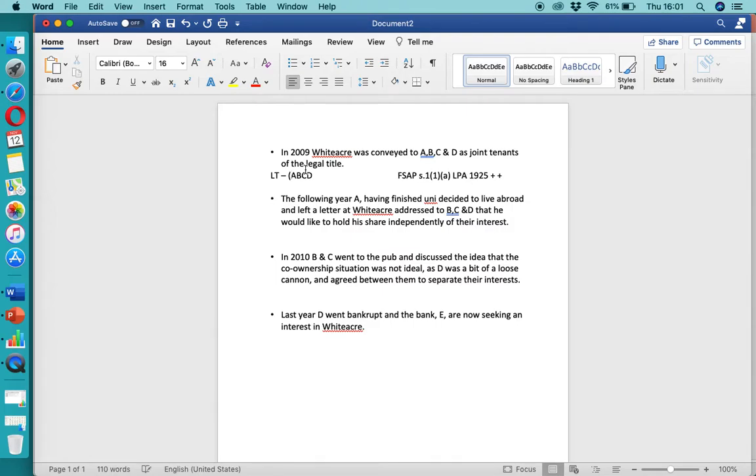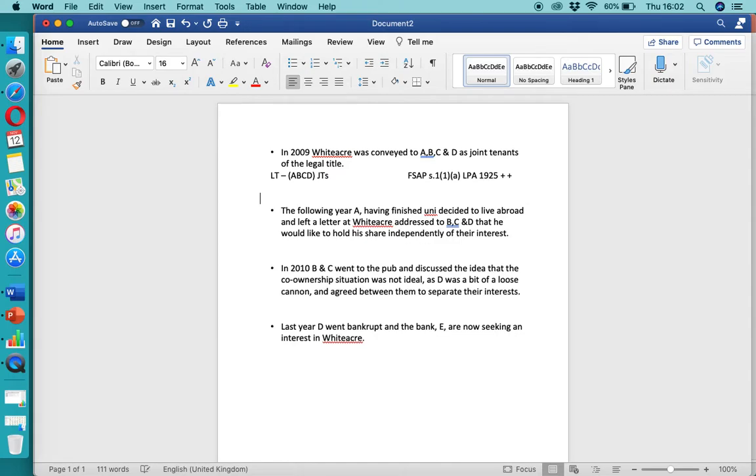Where we see joint tenants, my way of dealing with it is to put them in brackets. They are joint tenants on the legal title because that's all they can be. You could put the statutory authority in there for that if you wanted to, if you're working it through as a problem question. But as a skeleton framework, we now know that that's what they have to be. That's how they appear. So where we have more than one person on the legal title, we are going to have an automatic trust created.